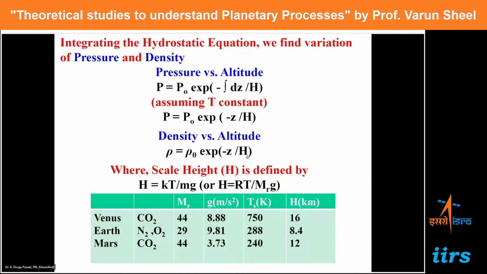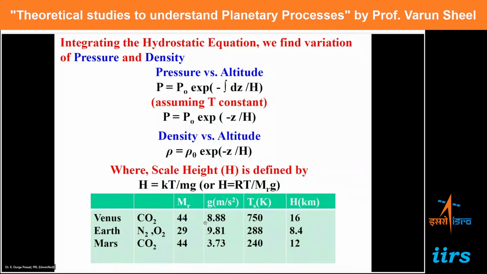So if we apply these parameters and derive the scale height for various planetary bodies, we get this table. If you look at Venus, the dominant gas is CO2, whose mass is 44. Its gravity is 8.8 meters per second squared, at a temperature of around 750 Kelvin.